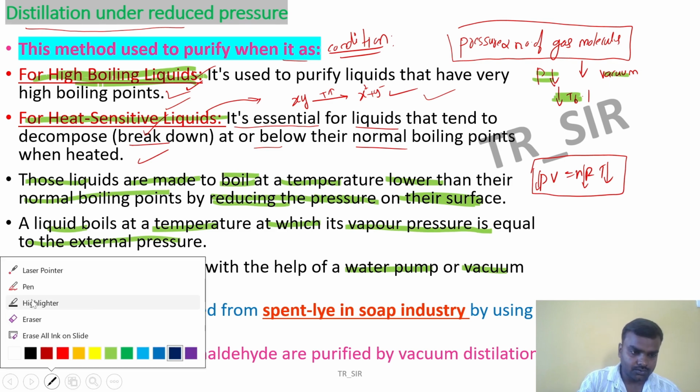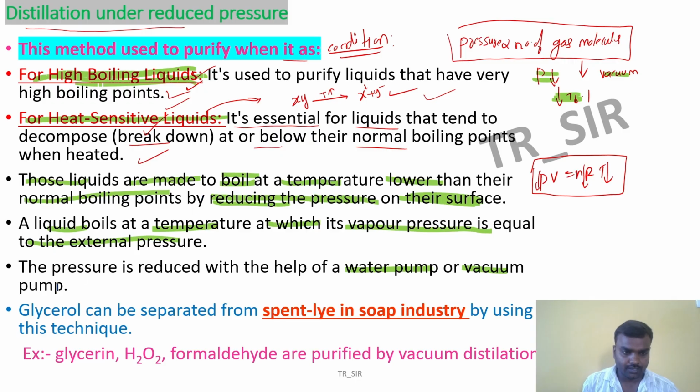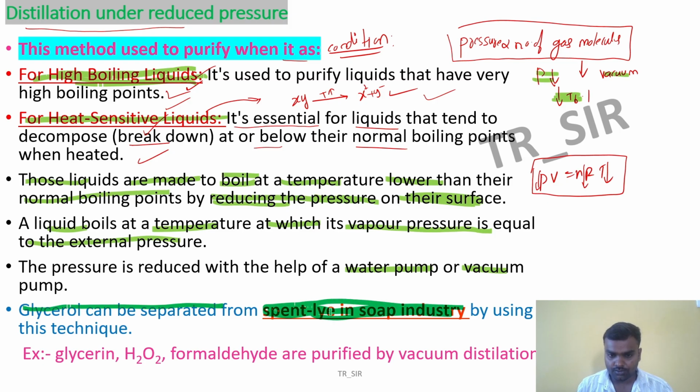In this case, examples we can use: glycerol can be separated from the spent lye in the soap industry, guys. This question was framed in NEET 2025.